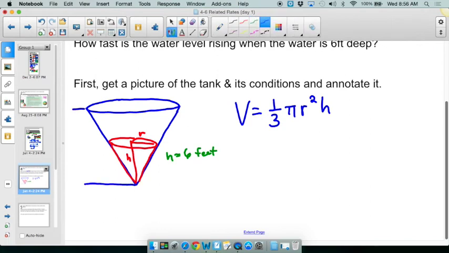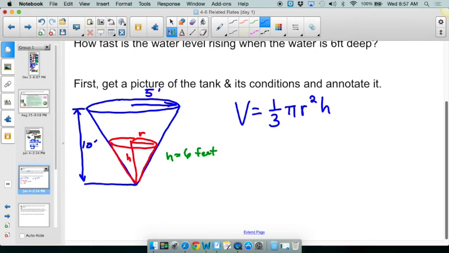The overall height of the tank is 10 feet. So when the tank is full, the red H is going to be at 10 feet. Does that make sense? And what else do they give? They give the radius of the tank? Yeah. So the overall radius of the tank is 5 feet.